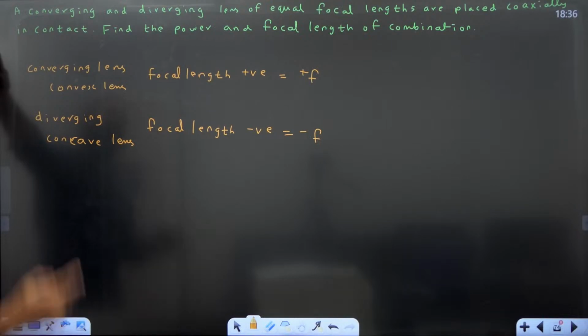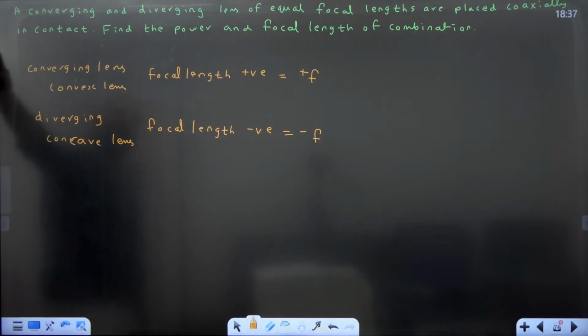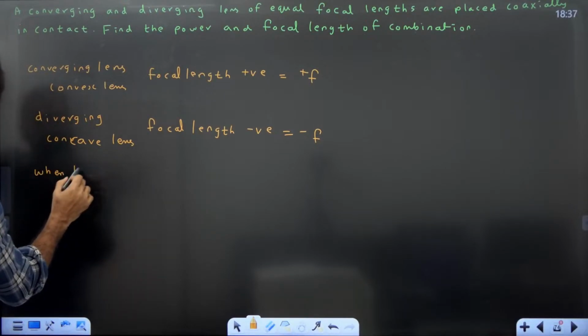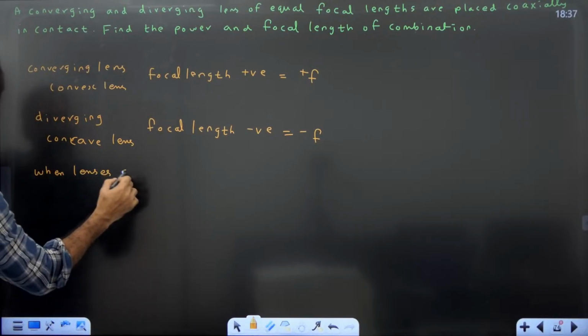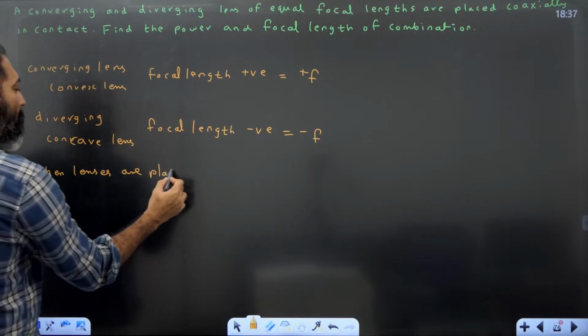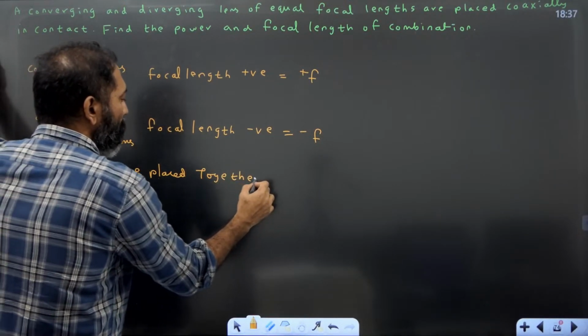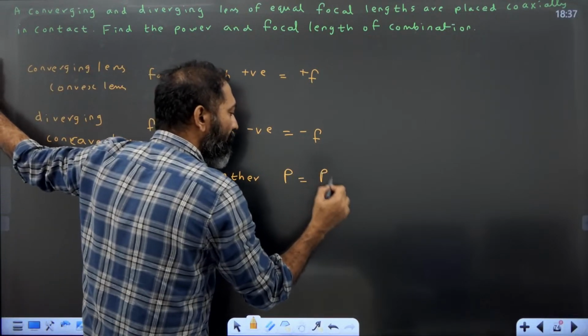Find the power and focal length of the combination. First case focal length positive, second case focal length negative. Now they are placed coaxially in contact. Find the power and focal length of the combination, they are asking. Now we know that when lenses are placed together, total power P is equal to P1 plus P2.